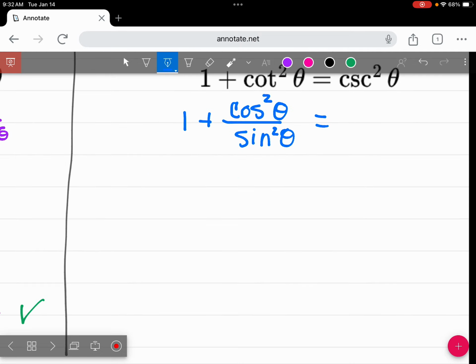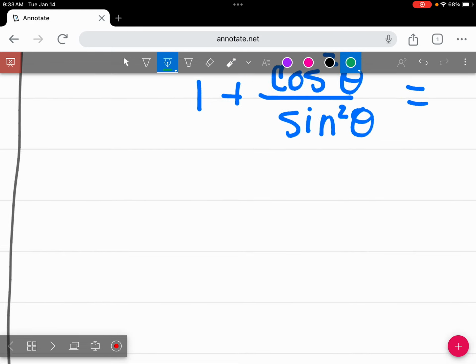And I'm going to get it back to cosecant just to see that we don't have to change it on the right-hand side at all if we don't want to. So what should we do next on this one? I want to be able to combine these together, so let's get to a common denominator.